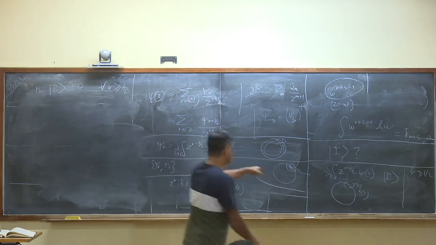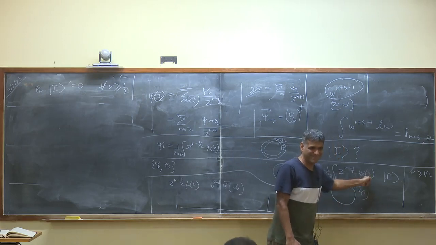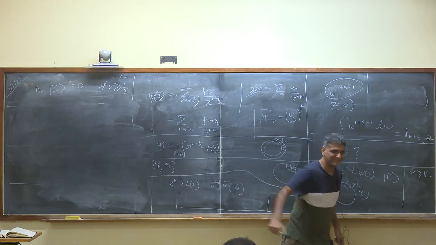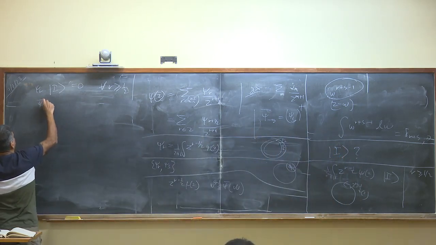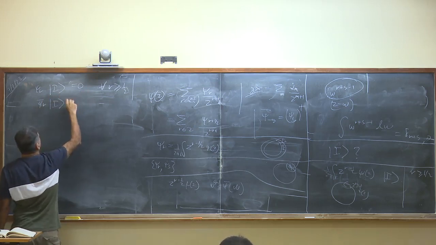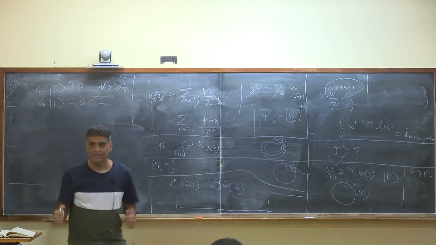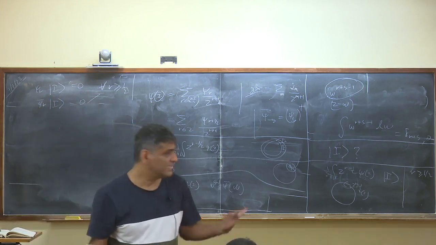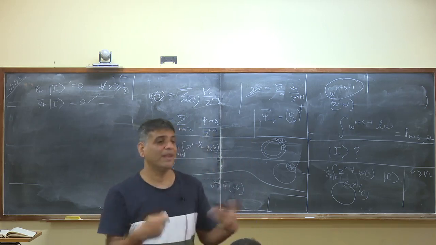I did this for psi, but the same conclusion follows for psi bar, because I just replaced it with psi bar here. So we have psi r bar on the identity is equal to 0 for all r greater than or equal to 0. What we've concluded is that the identity operator is the operator that is annihilated by all annihilation operators.